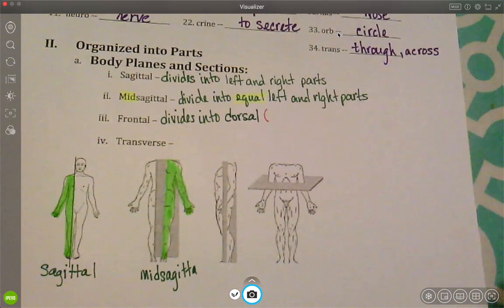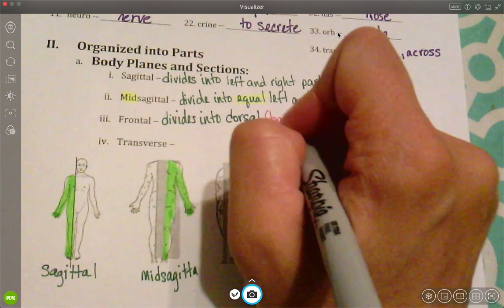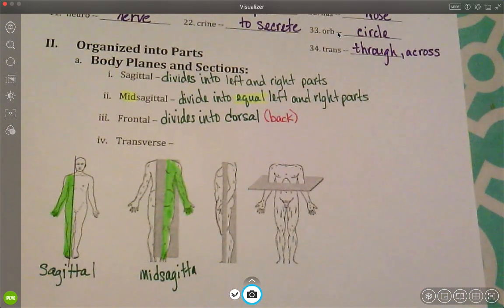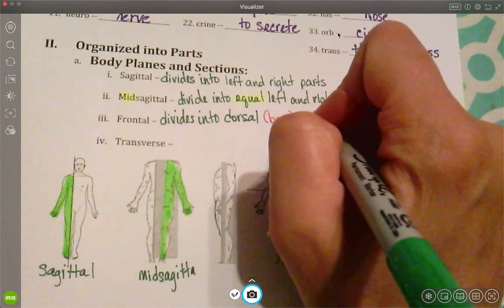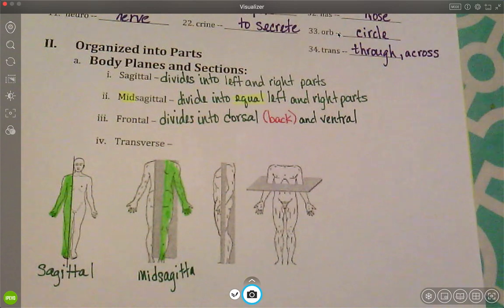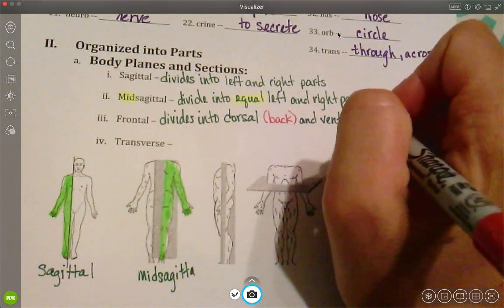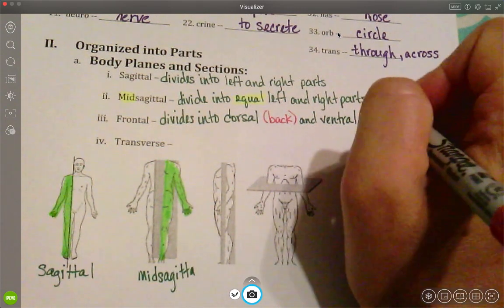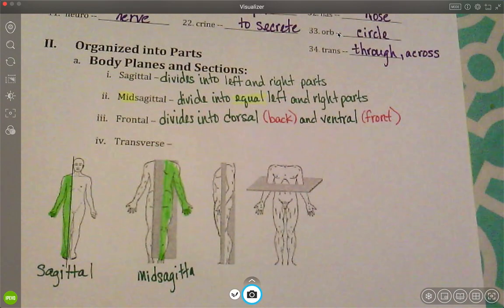We said dorsal fin, that's going to be on the back. And ventral. And if we look at our med-term here, ventral means front. So frontal divides the body into dorsal and ventral.